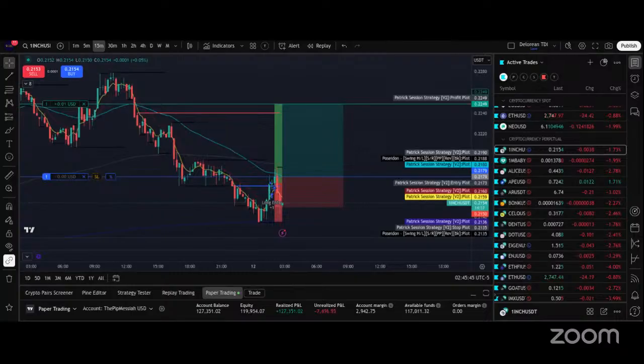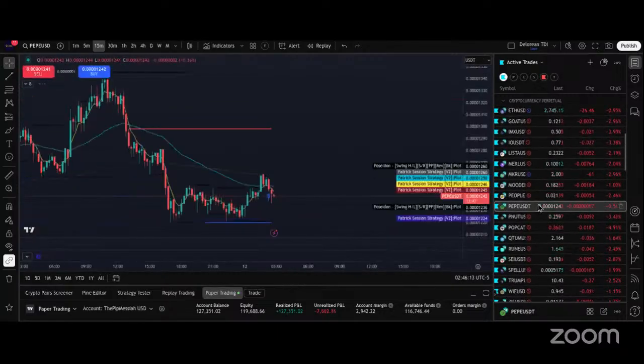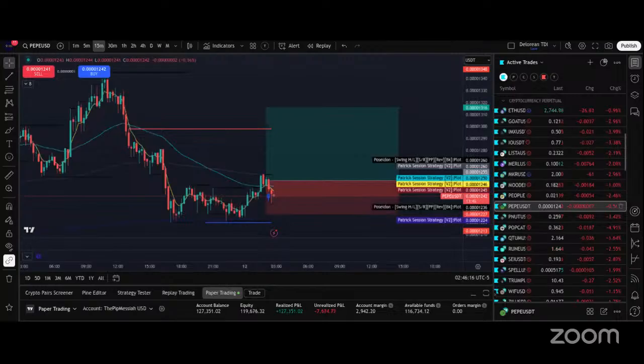Oh, Pepe. We haven't looked at that one either. All right, let's go check out Pepe Coin. We have the same action. No, that one's still not hit stop loss.